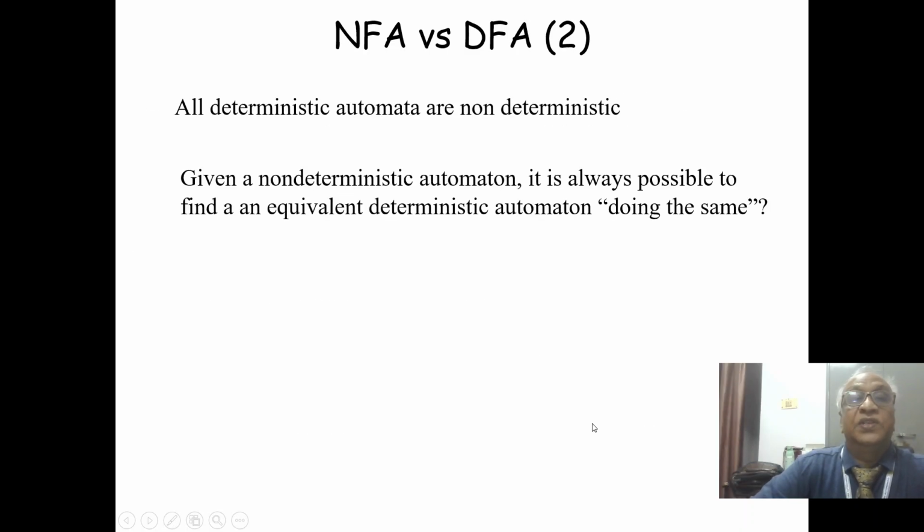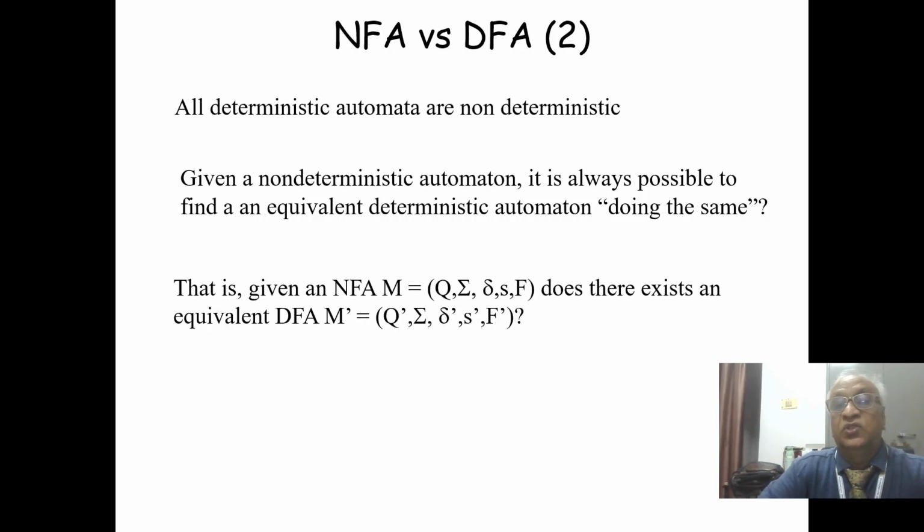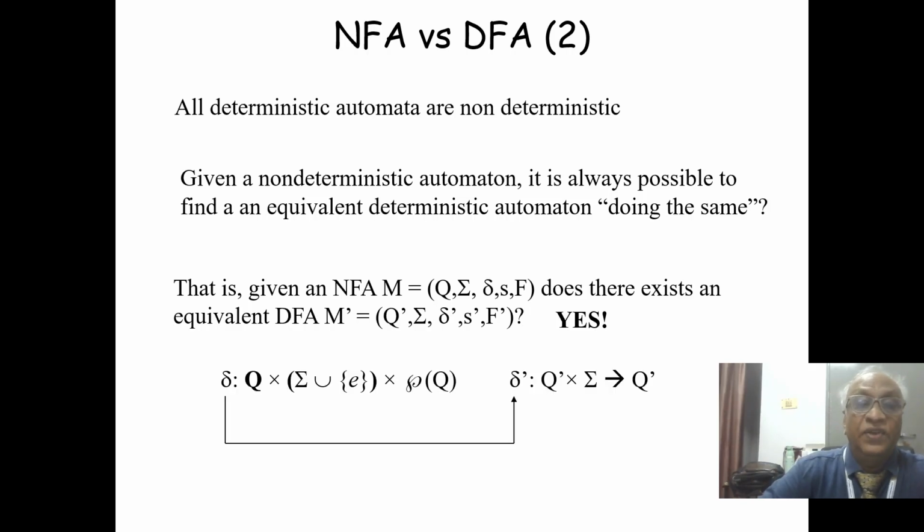This possibility is there. So all deterministic automata are non-deterministic. Is it possible to convert a non-deterministic finite automata into a deterministic? Yes. NFA can be converted into a DFA.